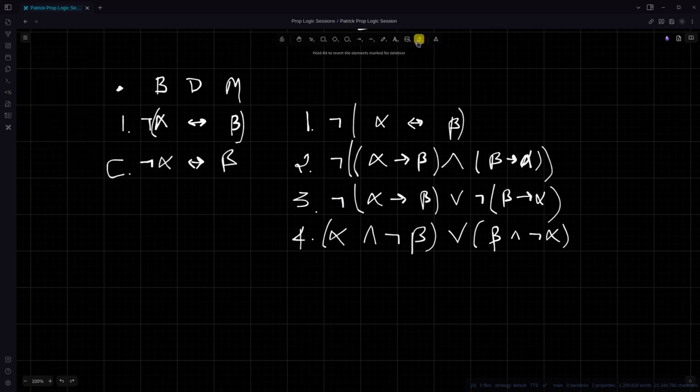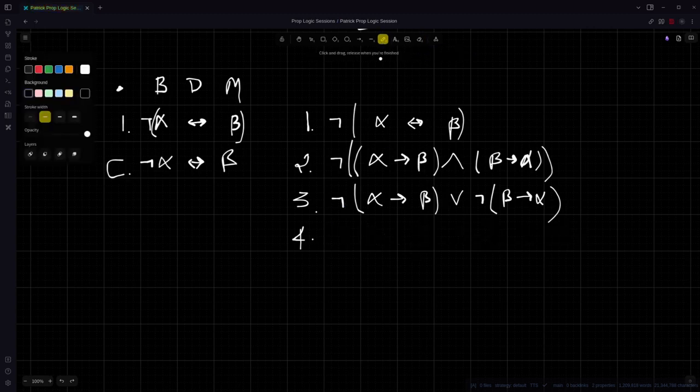I've skipped a step over here. But ideally what you're supposed to be doing is: not alpha or beta. That's the truth condition. And you're supposed to do not beta or alpha.